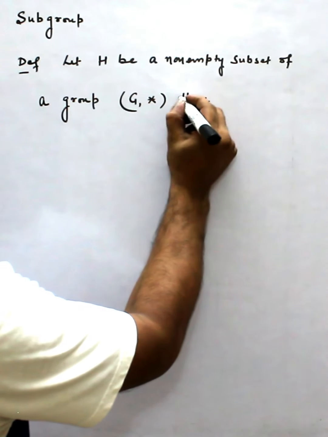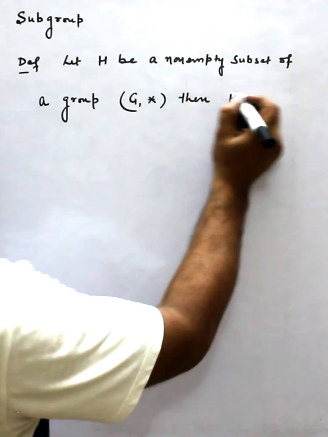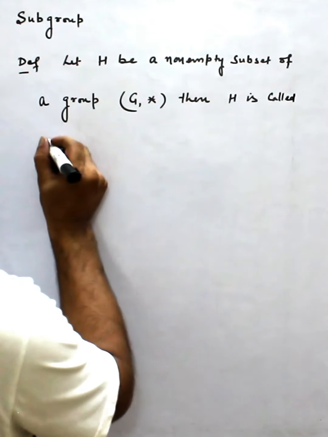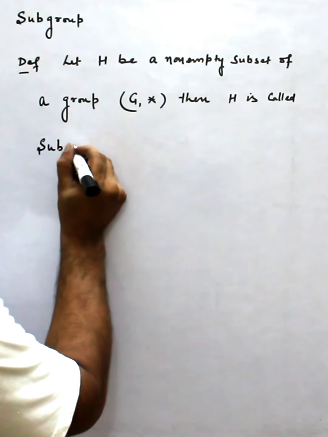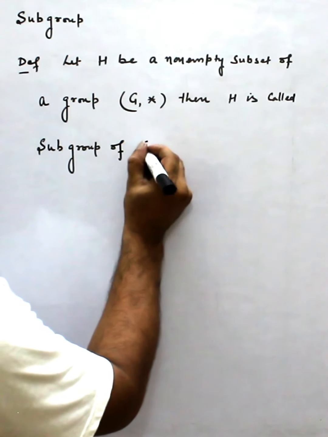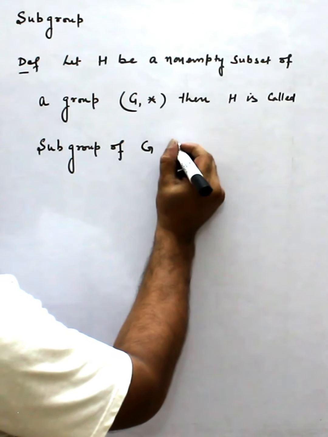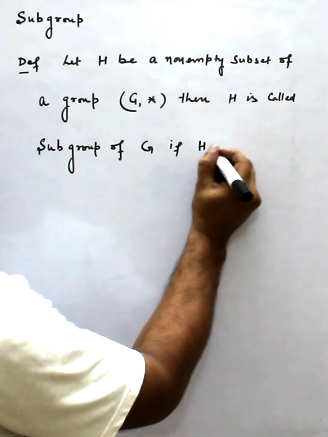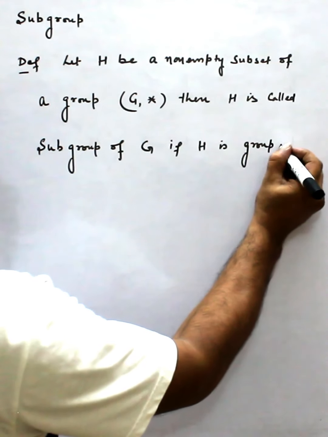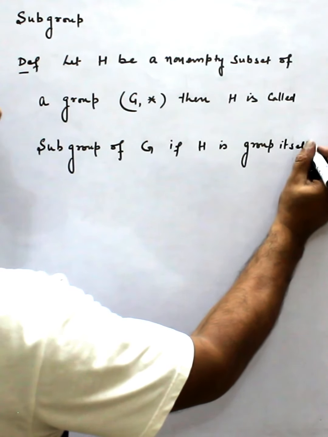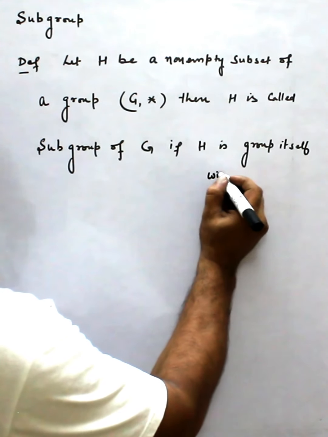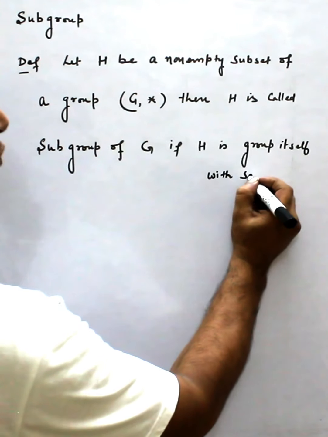Then H is called a subgroup of G if H is a group itself with the same operation.